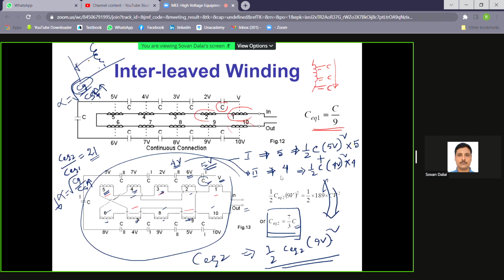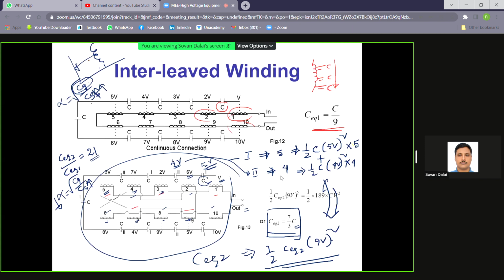Okay. And another thing, in most commercial cases we are using interleaved winding, but this interleaved winding requires a more efficient expert for designing a particular winding. As a design expert you require a skillful person, as well as you have to maintain different windings at different potentials instead of the same potential.